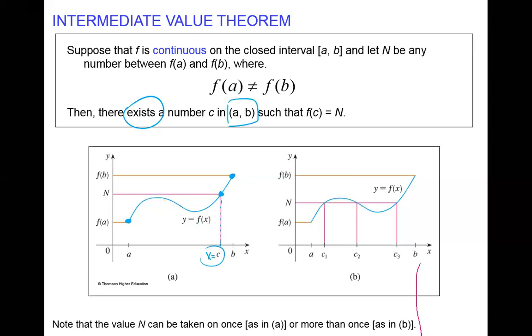And in mathematics we have a few theorems like that, and we call them existence theorems, because what this is telling me is just proving that the number exists. And sometimes we don't even have to get the exact value c. I will only know that the value c exists and is between a and b.